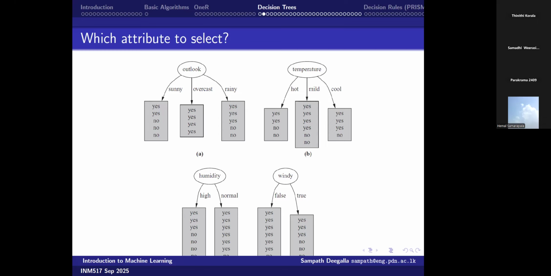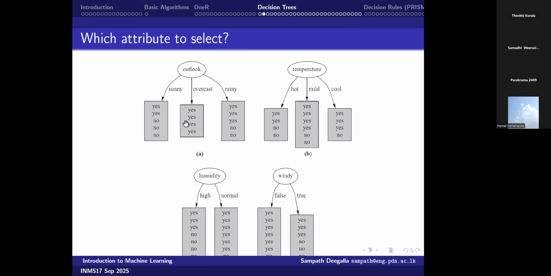But in the literature, you will find that many prefer simpler trees. Remember, we mentioned in the very beginning, simple machine learning algorithms work well. So we can work for simplicity. If that is the case, in our case, we can see here, if you take the Outlook attribute, it will purely classify the overcast.